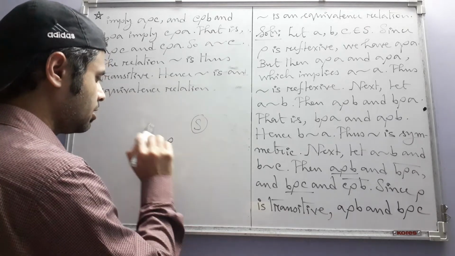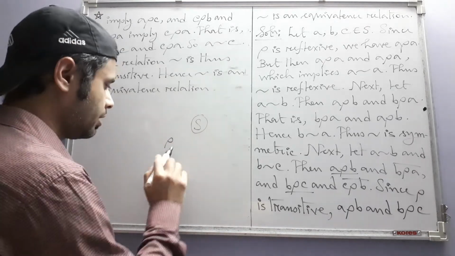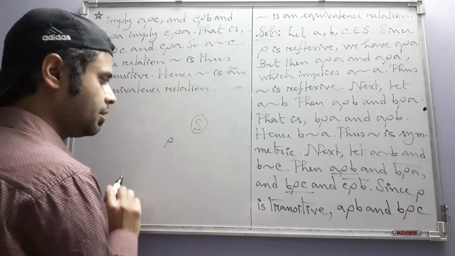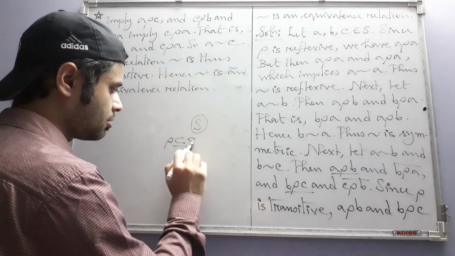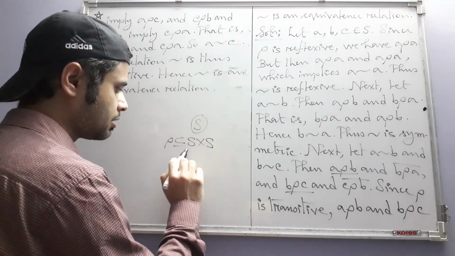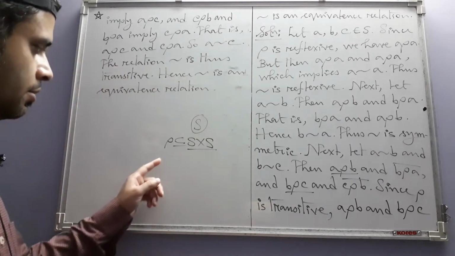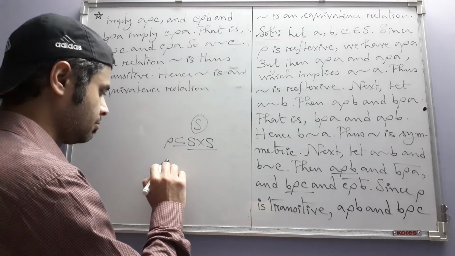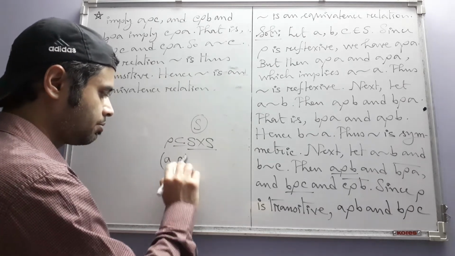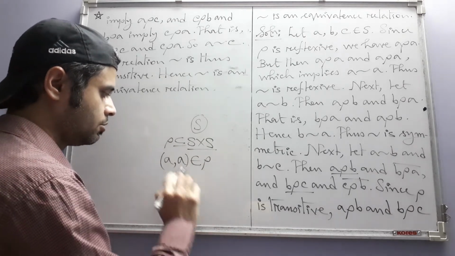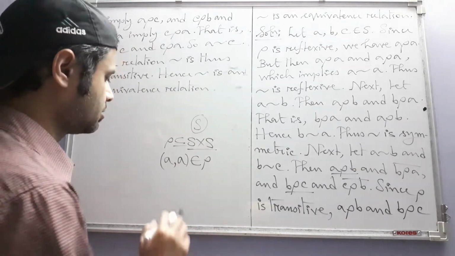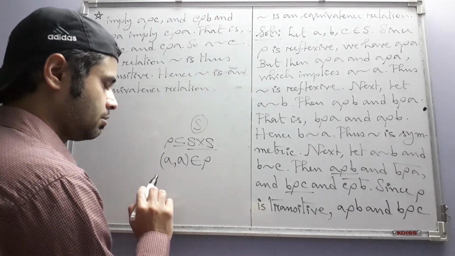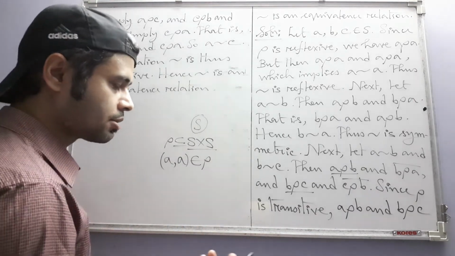So the relation rho on S, by definition, is a subset of S cross S, the Cartesian product. Reflexivity of rho means all these ordered pairs belong to rho for all a belonging to S. Transitivity, of course, means you know what.